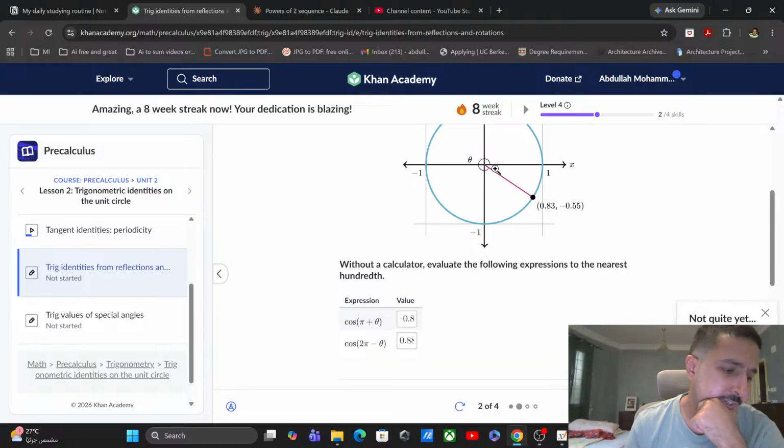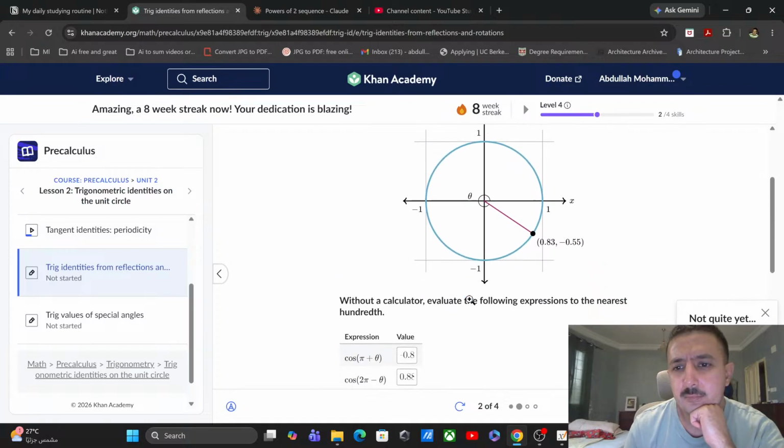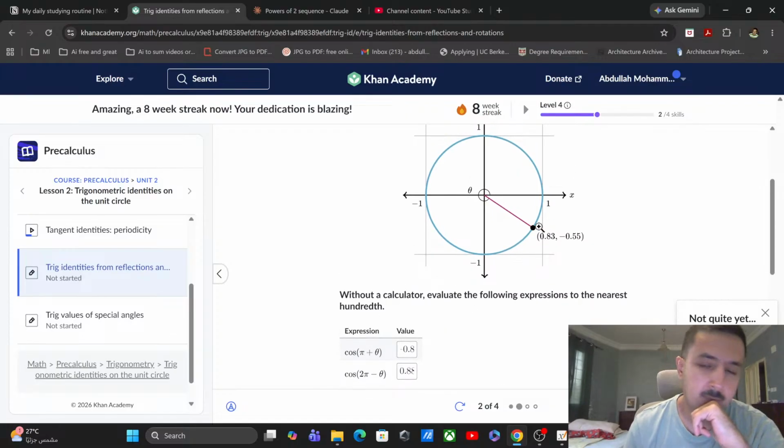The cosine is the adjacent over the hypotenuse. This is the hypotenuse. We don't know what the hypotenuse is. This is cosine.